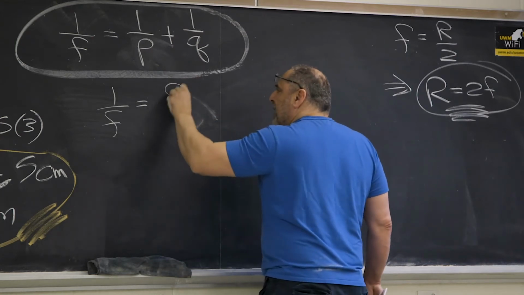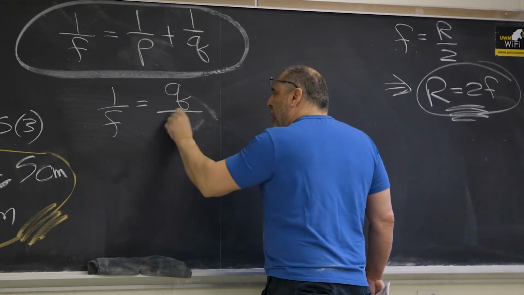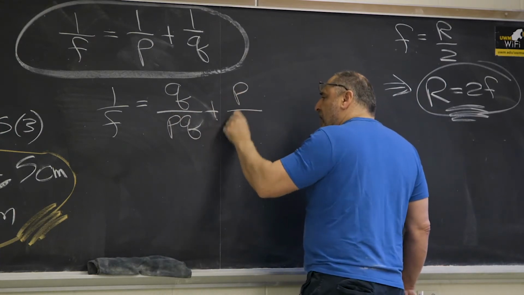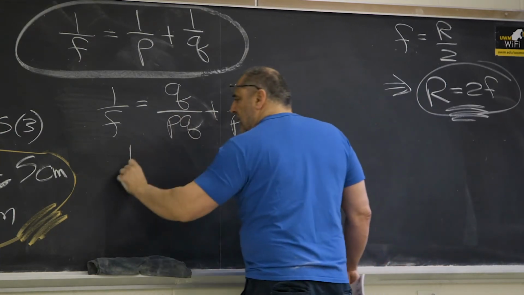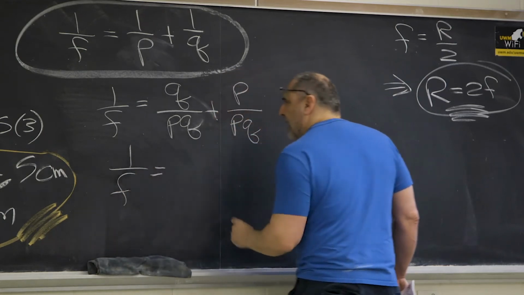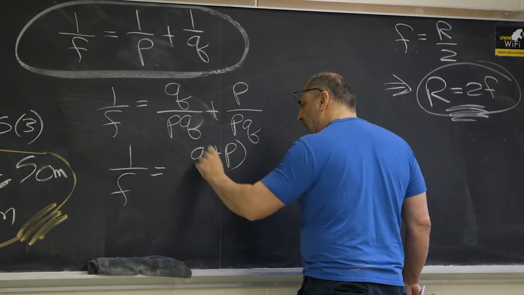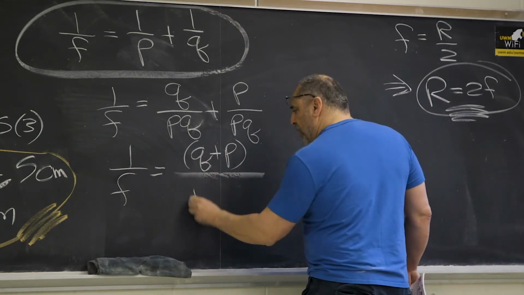And you end up getting Q over PQ plus P over PQ. This is going to be Q plus P over PQ.